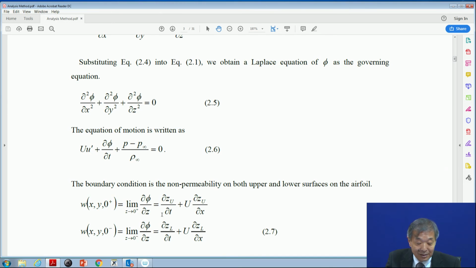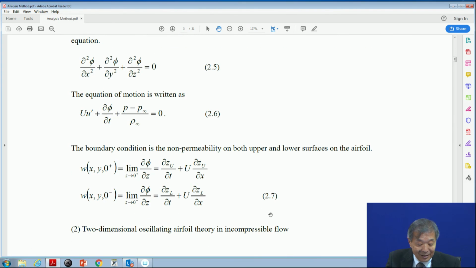So this is the upper surface: d zu dt plus U d zu dx. This is the velocity of the airfoil, and this is the lower surface velocity.